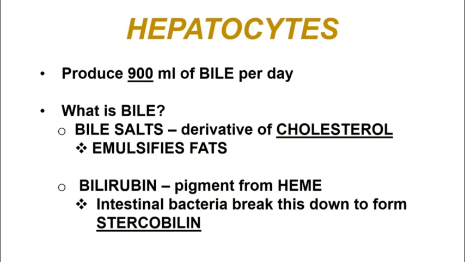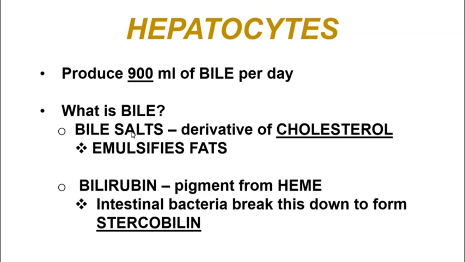Right. The hepatocytes are also producing bile because they are serving a glandular function. They produce not a ton of bile, about 900 milliliters or so, just shy of a liter of bile per day. And a good amount of that is stored in the gallbladder itself to be released later on. So what is bile? Bile actually takes a salt form.